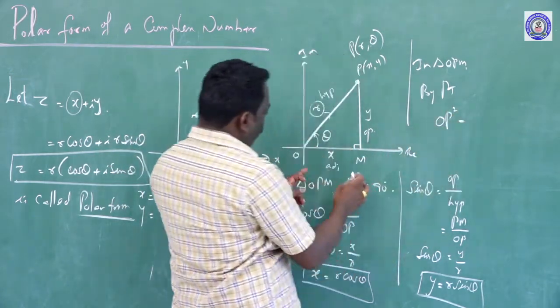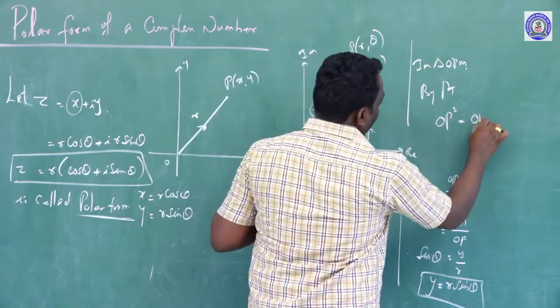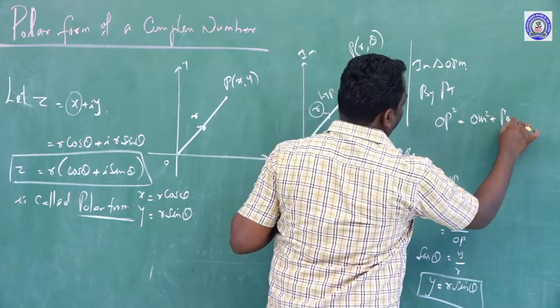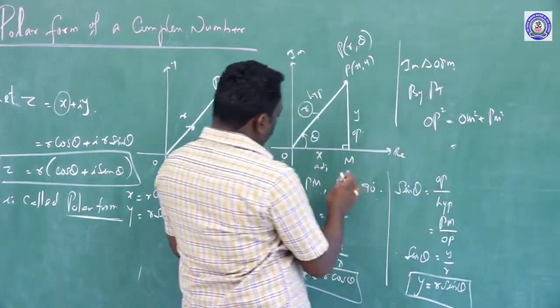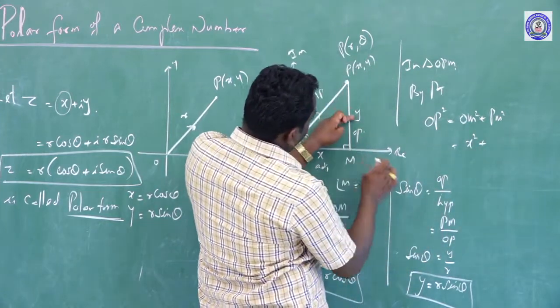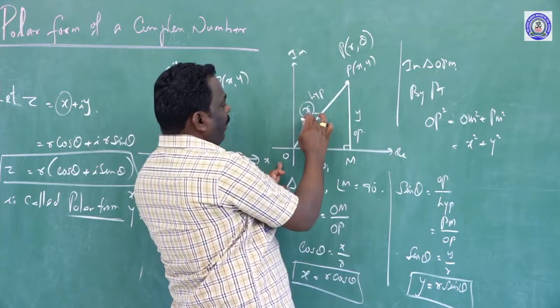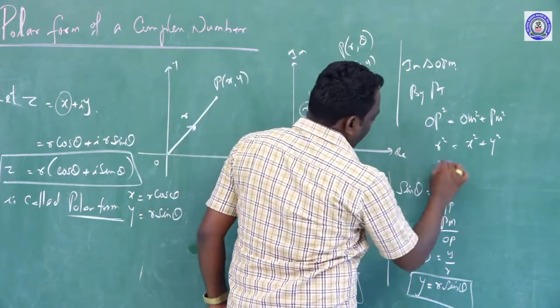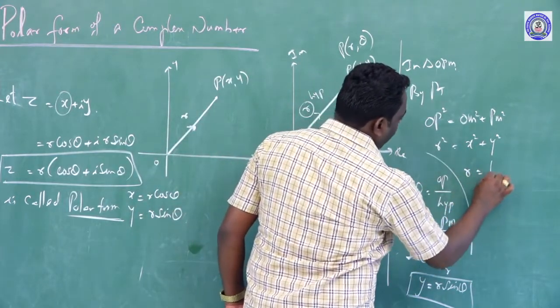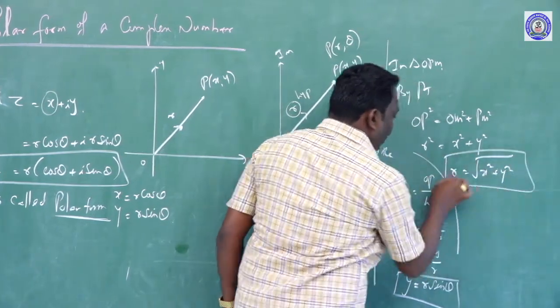That is equal to x square plus y square. Then OP is r. Therefore, it is r square. Therefore, r is equal to the square root of x square plus y square. So, now what is the r you obtain here?